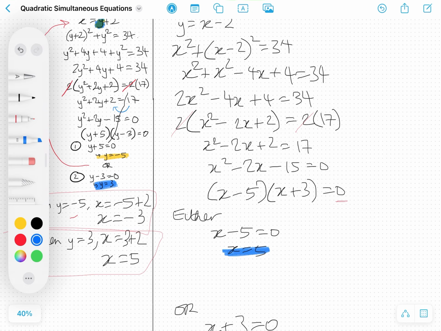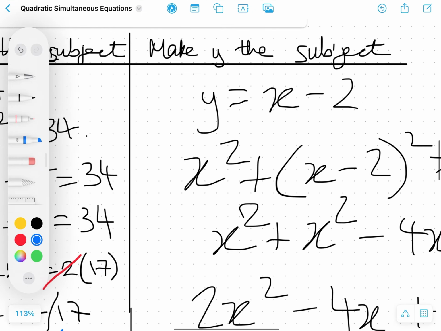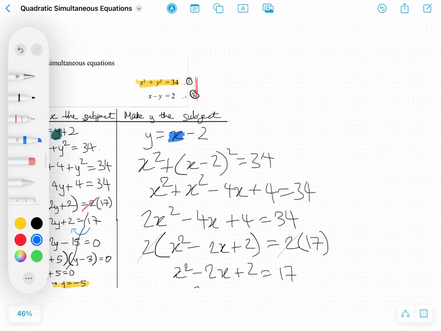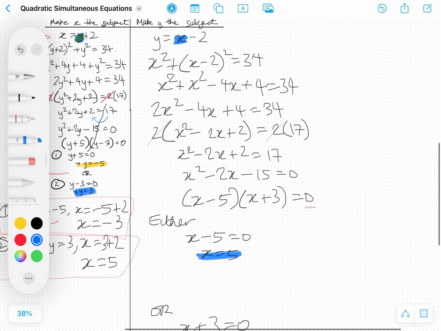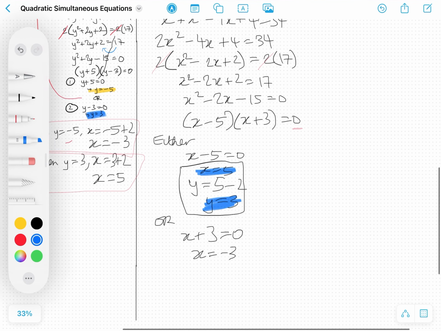So now we take one solution, x equals 5, and substitute it into the equation with y as the subject, which is y equals x minus 2. So we replace x here with 5. When x is 5, y is equal to 5 minus 2, therefore y is equal to 3. And this is our one solution: y is equal to 3 and x is equal to 5.